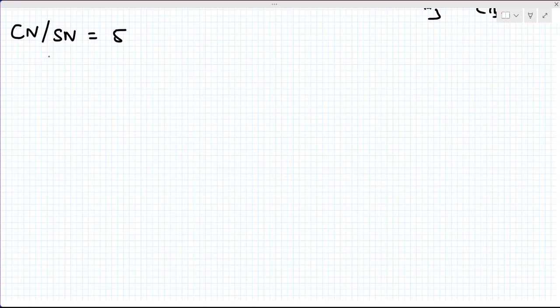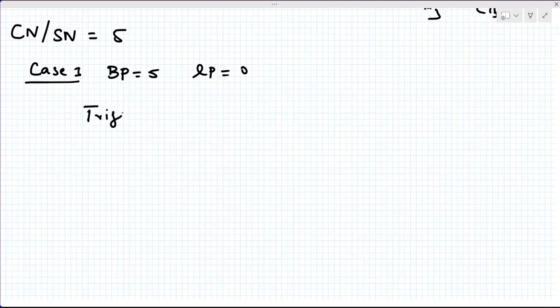Case number 1: bond pair is 5, lone pair is 0. In this case, there are two geometries. One is trigonal bipyramidal. What is the other geometry?